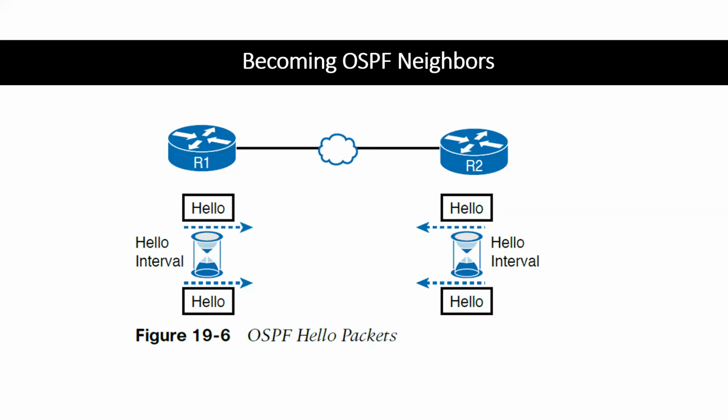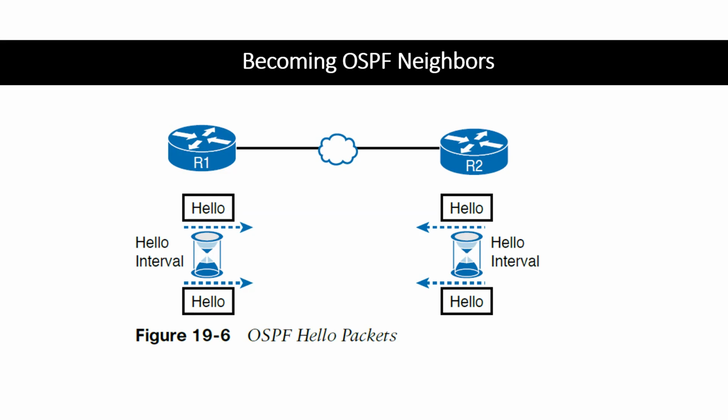As soon as you, one, configure OSPF, and two, enable that interface that shares the physical medium with the other router or routers, and you configure that network, a network that is part of the OSPF process, it will now begin to send hellos.